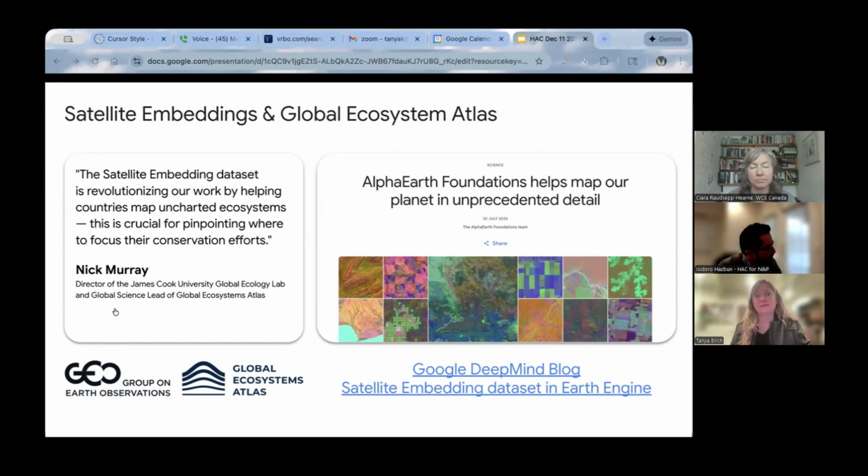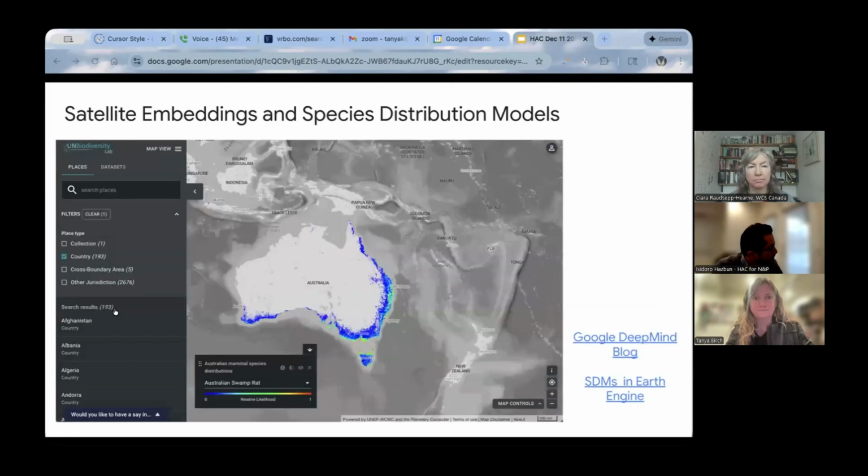And they're using the satellite embedding data set to help classify unmapped ecosystems into these categories according to the IUCN Global Ecosystem Typology at level 3. And it's a first of its kind resource to play a critical role in helping countries better prioritize these conservation areas and optimize restoration efforts, and ultimately combat the loss of biodiversity.